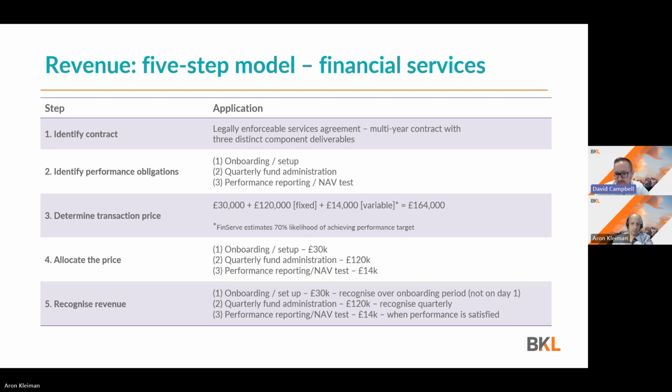And in that case, the new guidance requires management to make a best estimate of how much they expect to, or what's the likelihood of achieving that performance target, and allocating some value to that at the outset of the contract. So doing that, they say a 70% likelihood of achieving that target. So it's 70% of 20k, which is 14, bringing the total transaction price to 164.